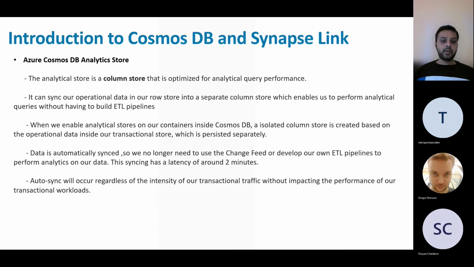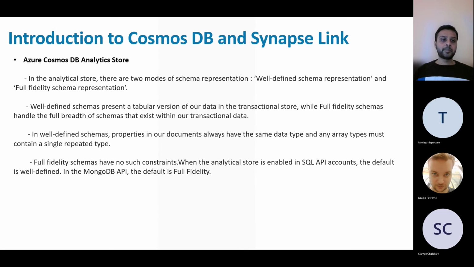Data will be synced automatically, so there is no need to do any development or maintenance for the change feed or create any complex ETL pipelines to perform analytics on top of the data. And with this auto sync feature, regardless of the intensity of transactional traffic, it will not affect the performance of the transactional workloads. So these are some of the features of using Cosmos DB Analytics Store.